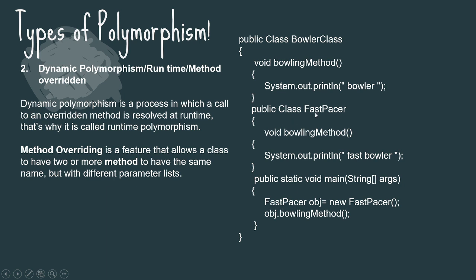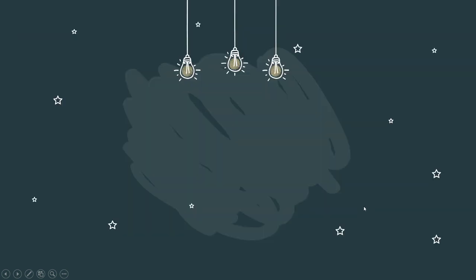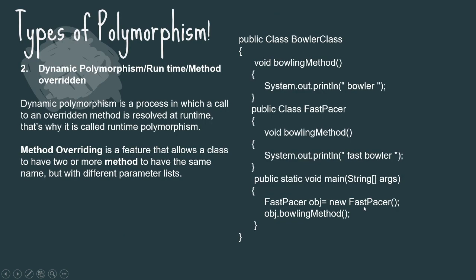First I am creating an object of the class, which one? FastPacer. That means I am not calling the Baller class, I am calling the FastPacer class, and I am creating an object of this class, obj, and assigning it with the help of new. After this, through the object I call the method, because the FastPacer class carries this method.